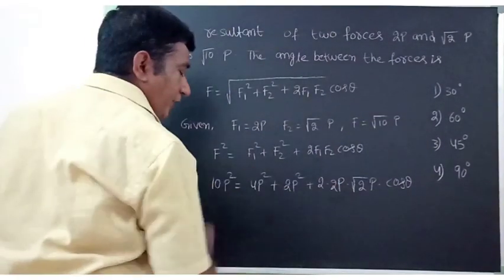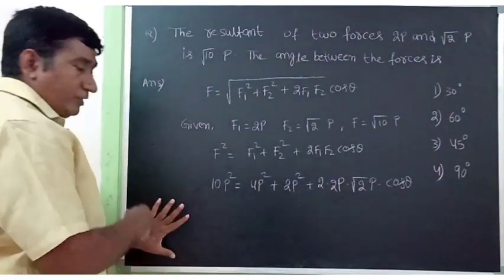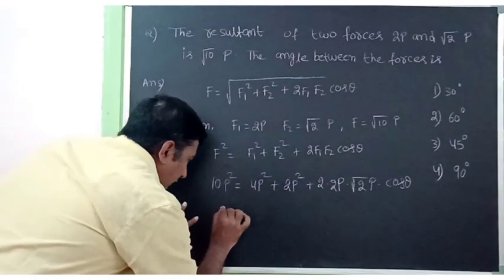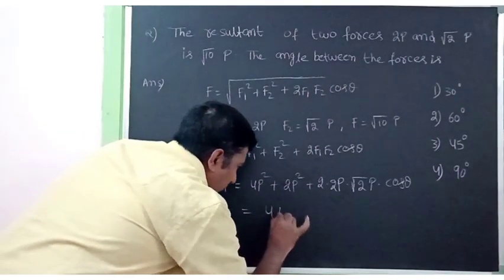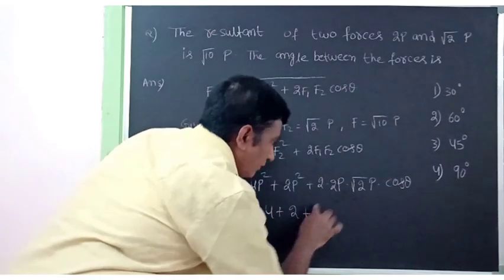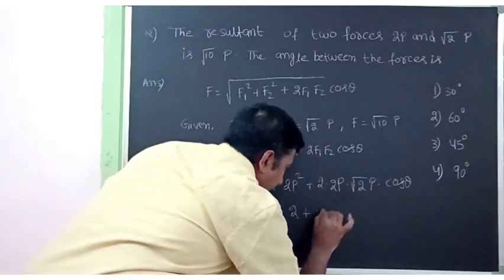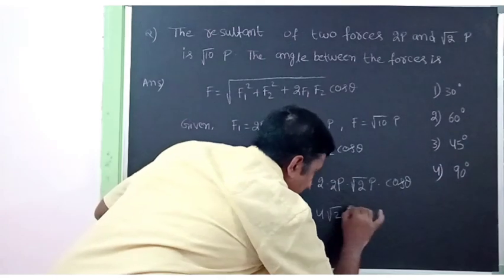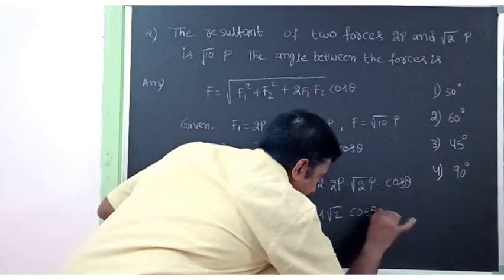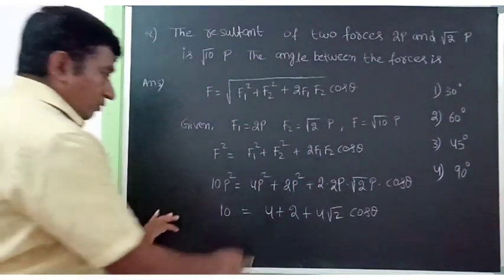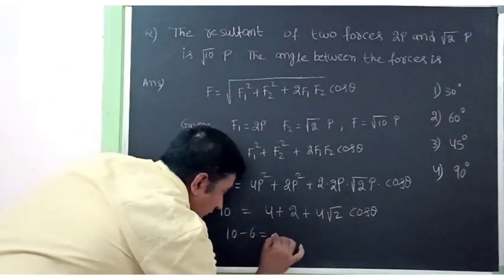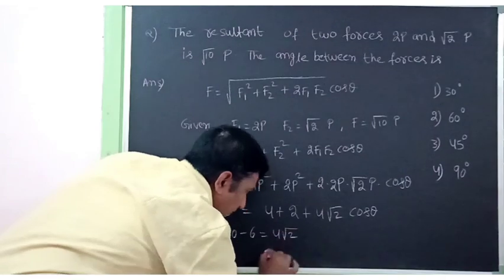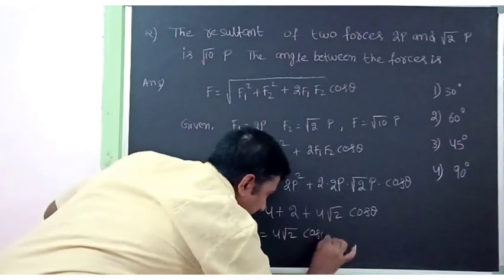In all this, we can take P square as common, and then they will get cancelled. So 10 is equal to 4 plus 2 plus 2 into 2, 4 root 2 into cos theta. 4 plus 2 is nothing but 6. So 10 minus 6 is equal to 4 root 2 into cos theta.